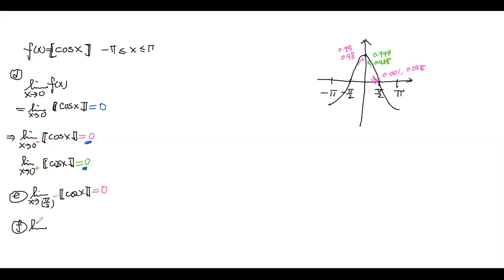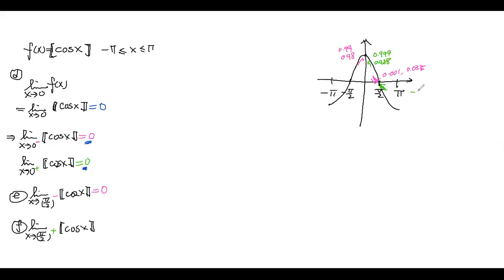Okay. Now let's take a look at part F here. So the limit as x approaches pi over 2, now I'm going to approach it from the right-hand side, okay? So this is cosine x here. Let's take a look from the right-hand side. That means you approach pi over 2 from this end, right? So you're going to get closer and closer to 0, but all your values are what? Negative, right?